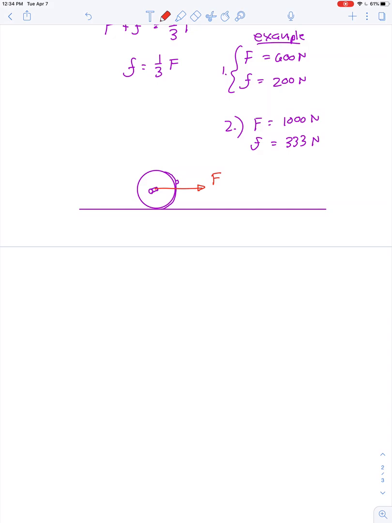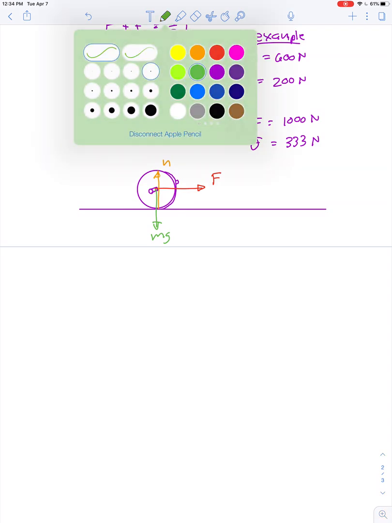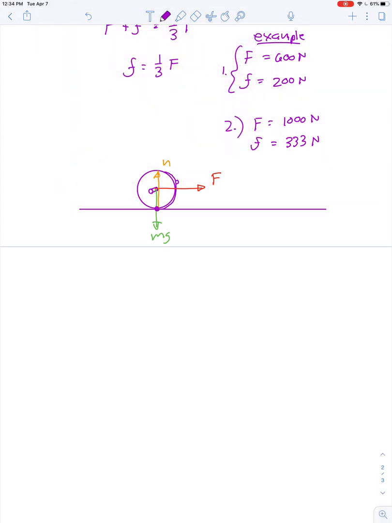Okay, well then again, I've got some other forces I need to draw. For example, mg, n, and then friction. Once again, we're a bit stuck, aren't we? I know friction acts at the contact point, but I don't know whether it points forward or backward.